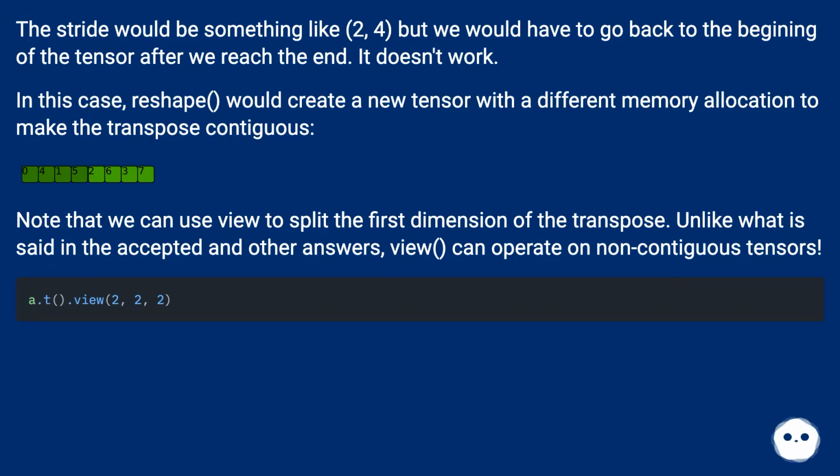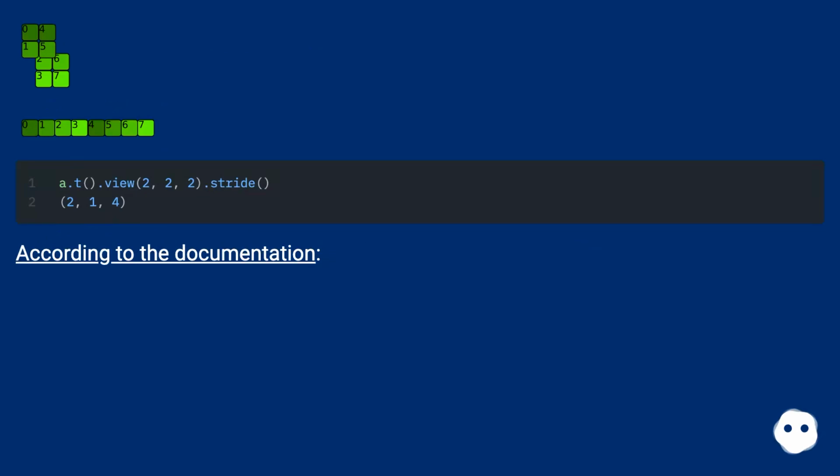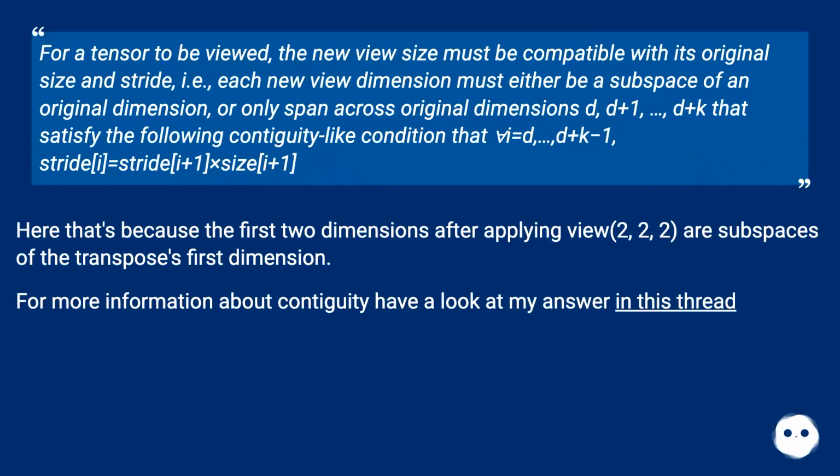Unlike what is said in the accepted and other answers, view can operate on non-contiguous tensors. According to the documentation, for a tensor to be viewed, the new view size must be compatible with its original size and stride, i.e., each new view dimension must either be a subspace of an original dimension, or only span across original dimensions d, d+1, ..., d+k that satisfy the following contiguity-like condition: for i = d, ..., d+k-1, stride[i] = stride[i+1] × size[i+1].